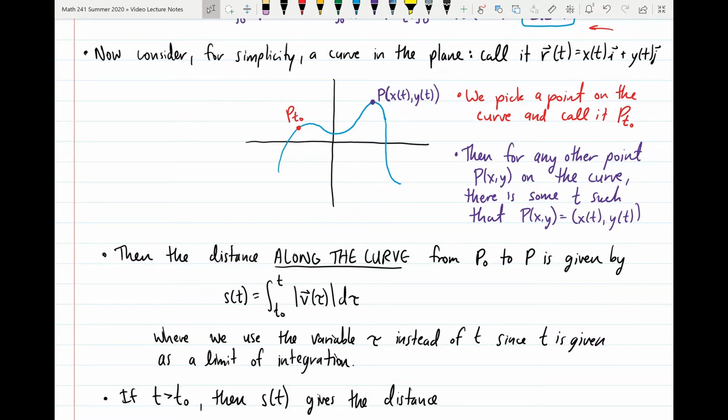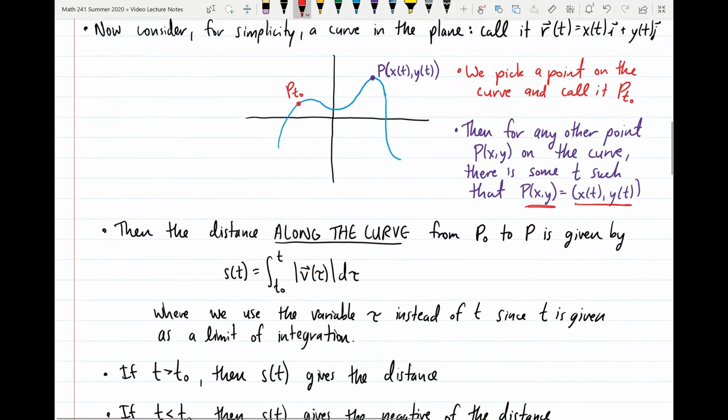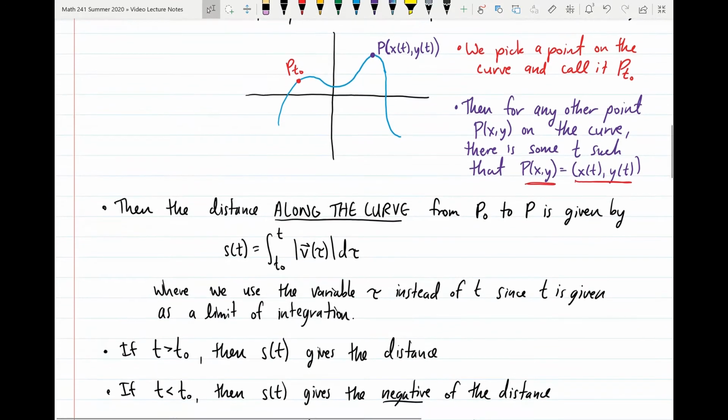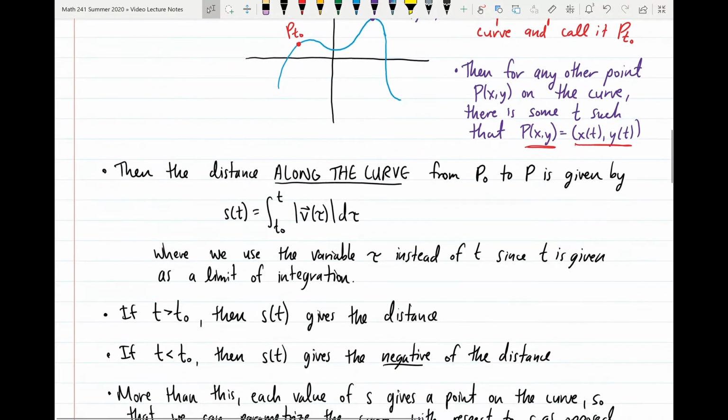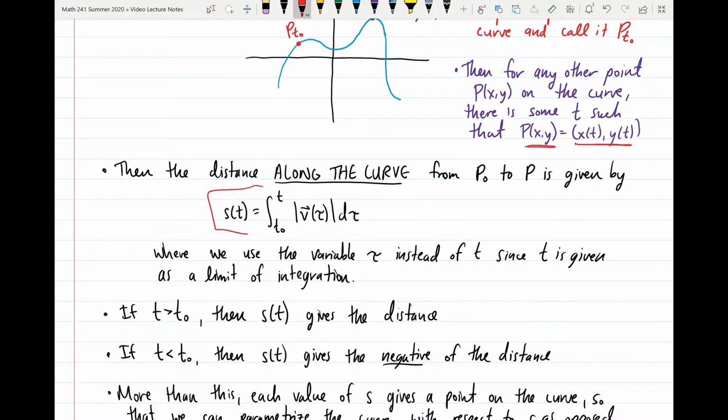So we can just represent all the other points on the curve as some ordered pair x of t, y of t, and we can give a function representing the distance along the curve from our P sub t naught to all the other points on the curve P, and that distance is going to be given by this function here, this s of t.